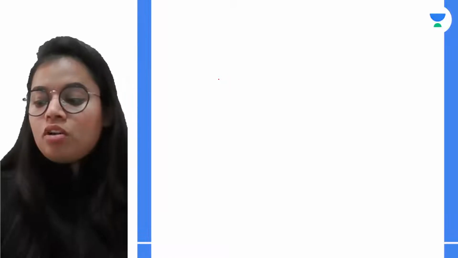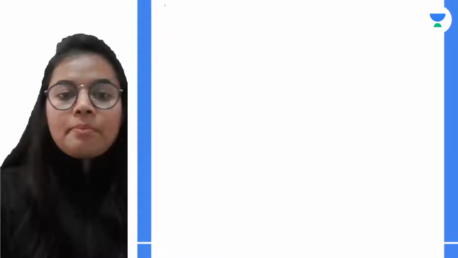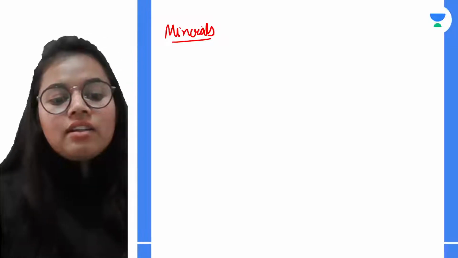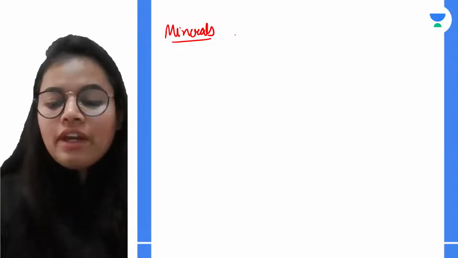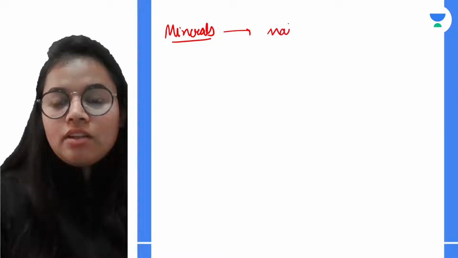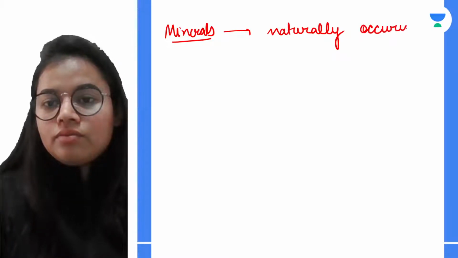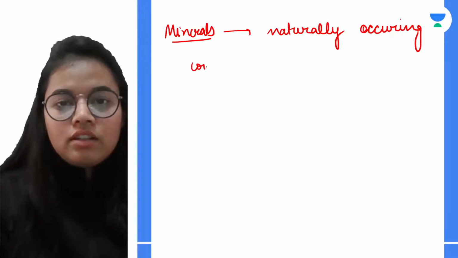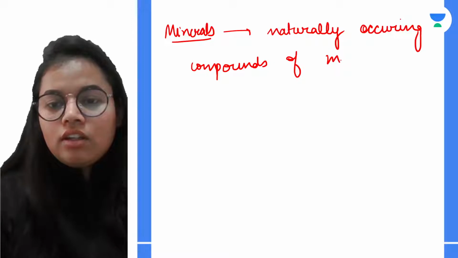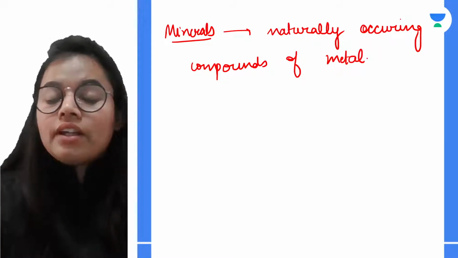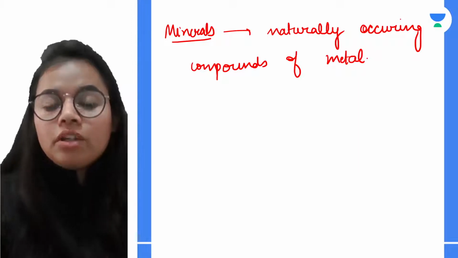Okay, so if I talk about minerals, these are the naturally occurring compounds of any metal. Now see, from every mineral we cannot get the metal profitably.